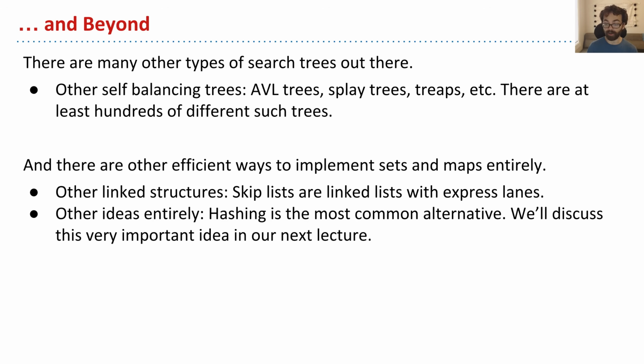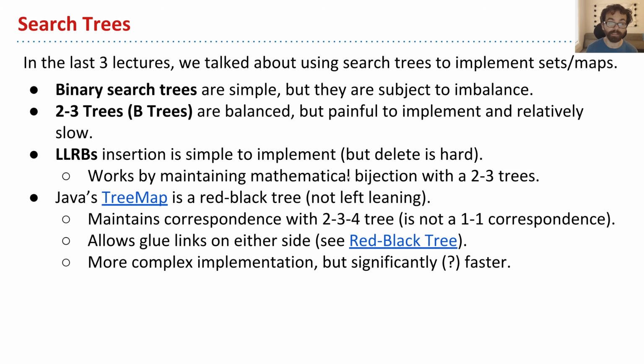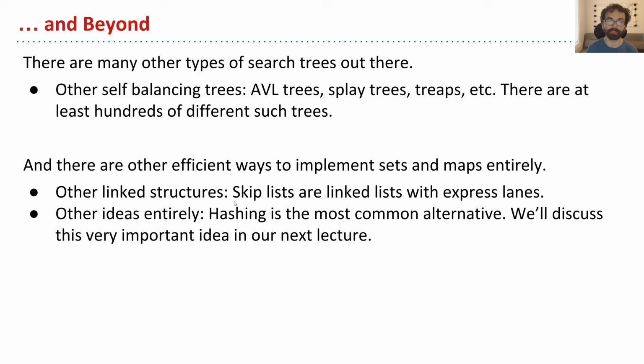And some of them are on average balanced, some guaranteed balanced. There are tons of these. And it's a product of the fact that there are a lot of people out there who had to write PhDs, or people who just found it interesting to pursue this line of research and see what they could come up with. But it seems that the red-black tree is one of the best overall. So that's what people seem to actually use.